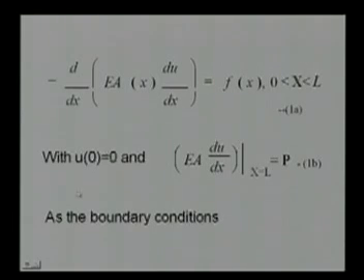With the boundary conditions, as I have already mentioned, u at the point x equal to 0 is equal to 0, and the force at the point x equal to L, that is, EA du/dx evaluated at x equal to L, is equal to the applied force at the end, P.